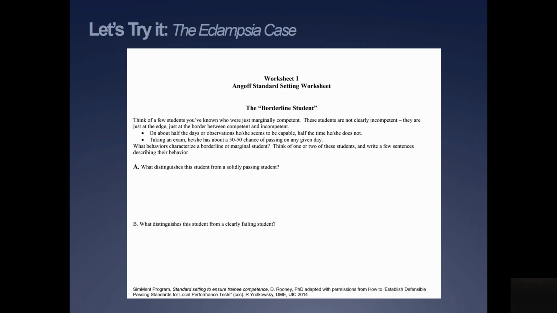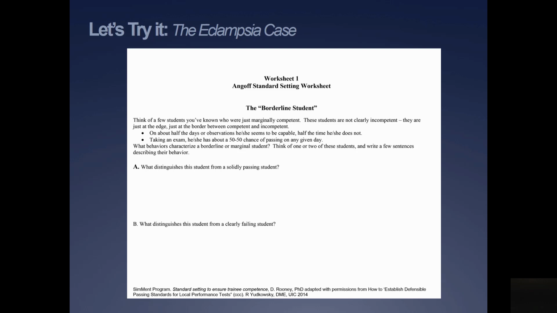If I were walking through the eclampsia case, we do a little bit of warm-up. Everyone has their worksheet, so the cohort is sitting there waiting to be guided. We ask them to read this, and we are trying to define the borderline student, because that's what the Angoff process tells us to do. We are focusing on that borderline student.